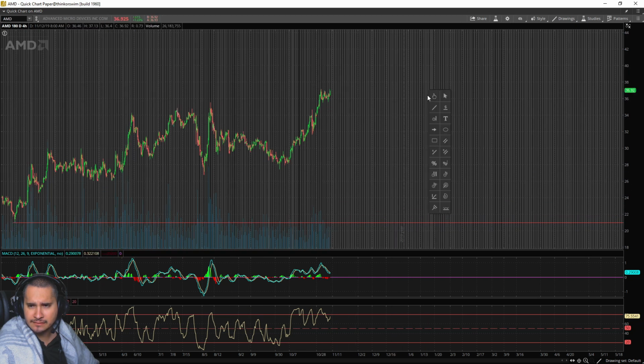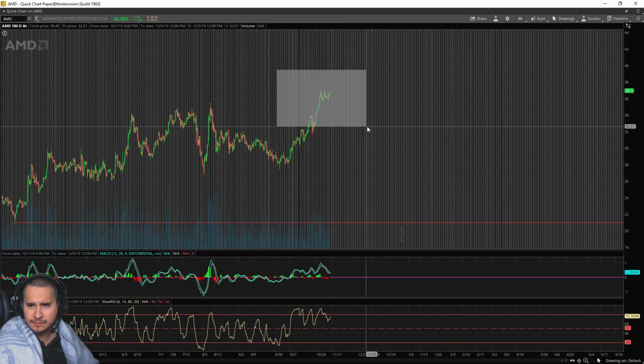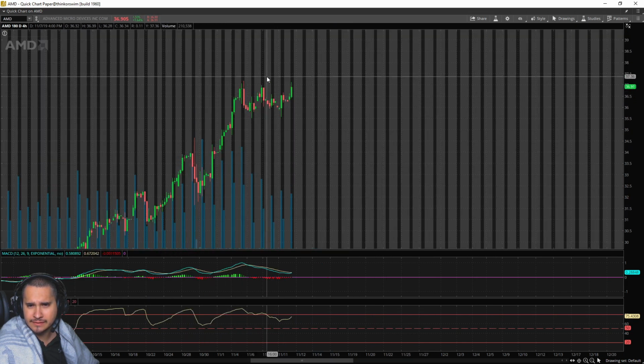I see that it's had a little bit of an issue here. Not issue, but touched, touched, touched. So there's some kind of resistance here, right? I think we can all say that. It keeps touching here and then falls, touches here, falls. So not only is there a resistance there, but some kind of little support here as well.